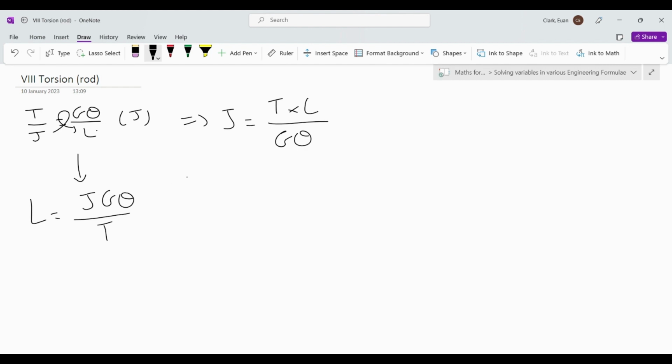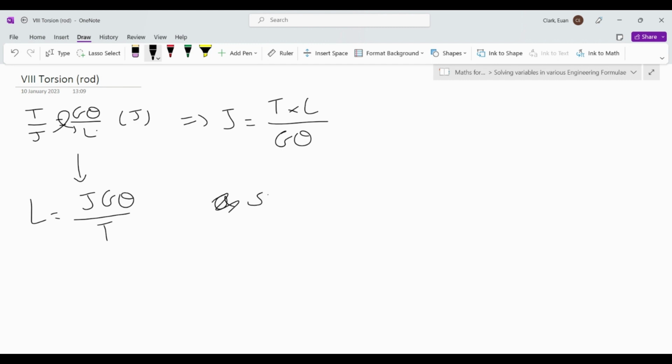And then if for any other reason you have, let's go for example trigonometry.